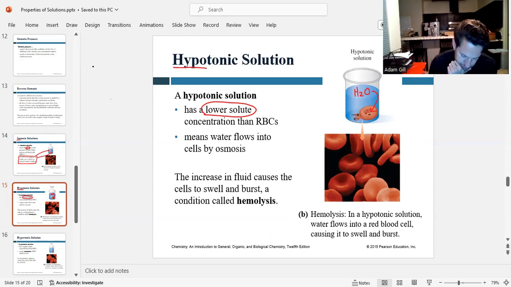So there's more solute particles inside the blood cell than outside. And so osmosis makes water flow into the cell. And the red blood cells will swell with water and they can possibly rupture and burst open. And when a red blood cell bursts open, this is known as hemolysis. Hemo for blood, lysis for breaking open.